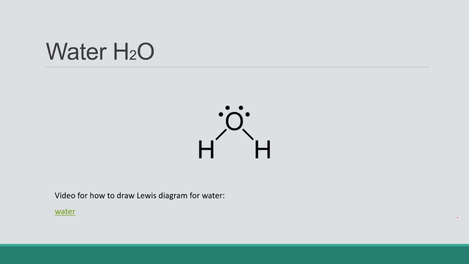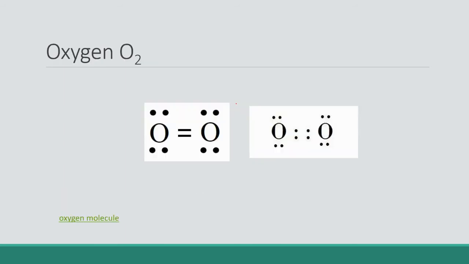You can look at water. Water has 2 sets of bonding pairs, all right? So altogether, water has 1, 2, 3, 4 areas of electron density or electron charge around it. 2 are bonding and 2 non-bonding pairs, okay? Oxygen gas.